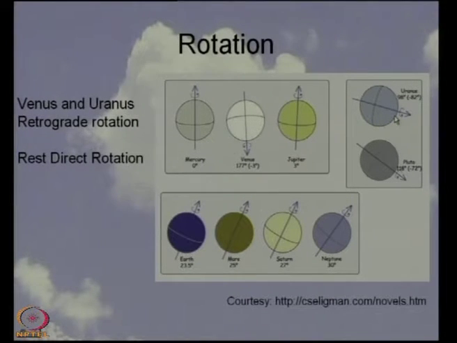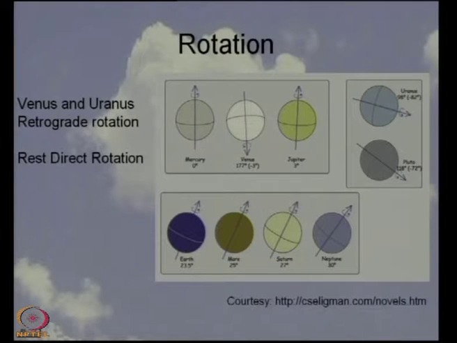Now, both Venus and Uranus rotate in the direction opposite to which they revolve around the sun. This is called retrograde rotation. So, the rotation is in one direction and it revolves around the sun in the opposite direction.